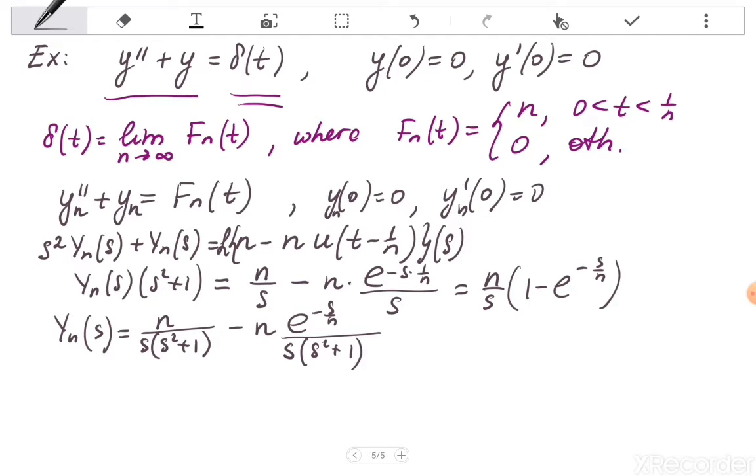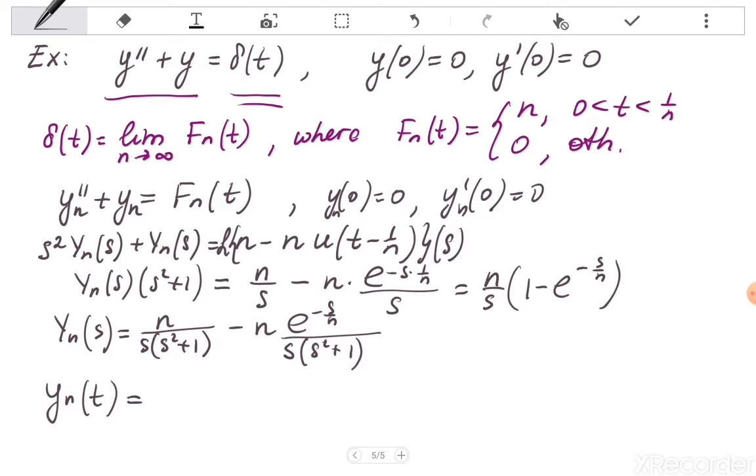And now we apply the inverse Laplace transform to obtain y of t. What we have to do is use partial fractions to rewrite these terms.